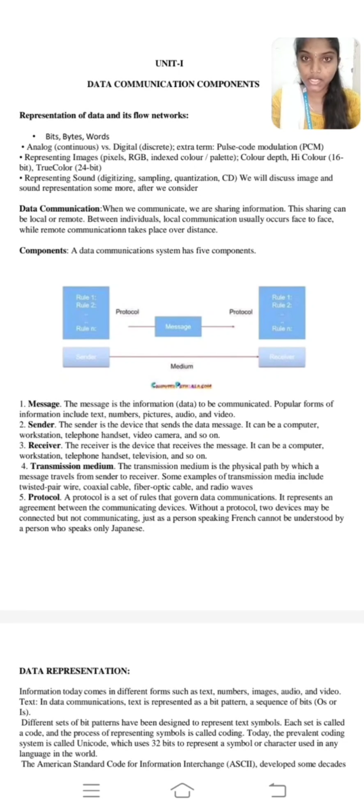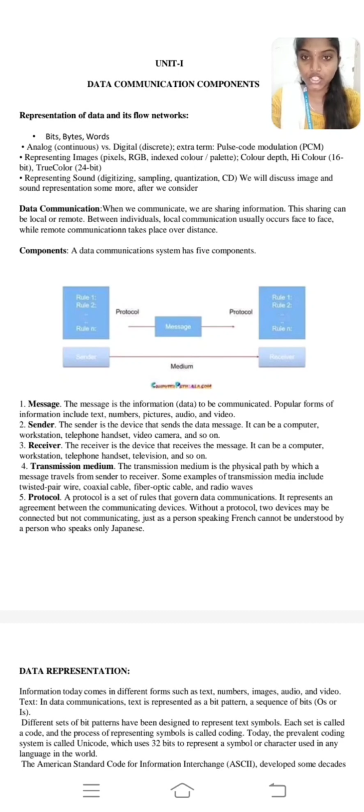Today my topic is data communication components. Let's discuss the data communication components. Representation of the data and its flow in networks. Bytes, bits, words, analog continuous versus digital, extra terms, codes, modulations.